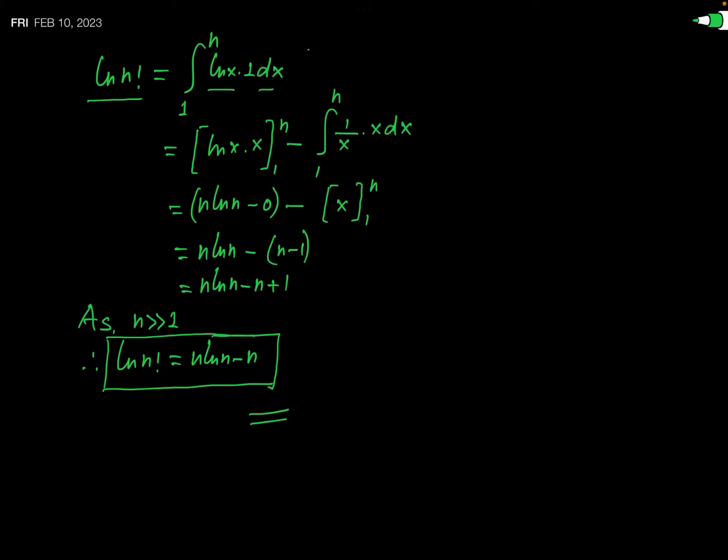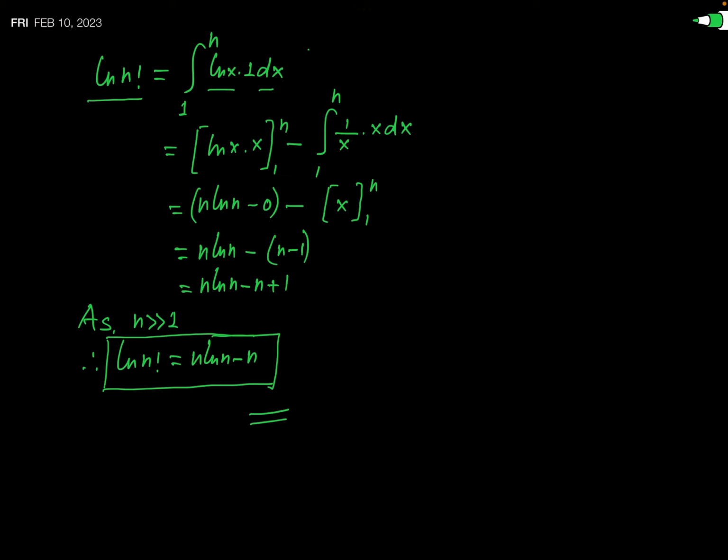Actually I have multiplied this log x by 1 because this multiplication makes no difference. Now to evaluate this integral, you have to follow the rules of integration by parts. So for following the rules of integration by parts, I have multiplied this log x by 1.